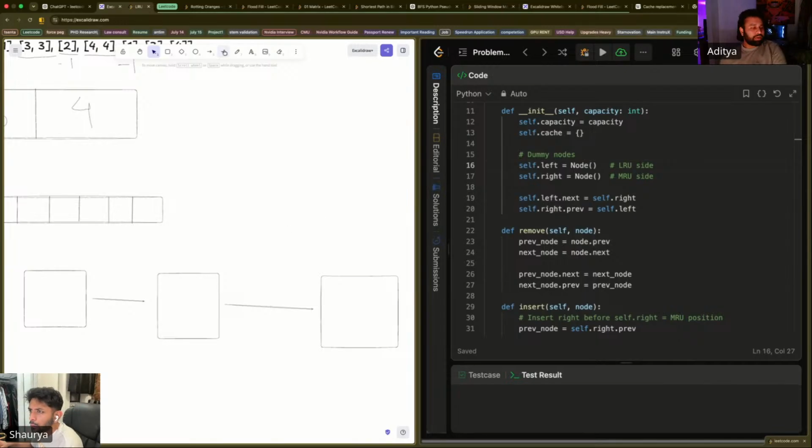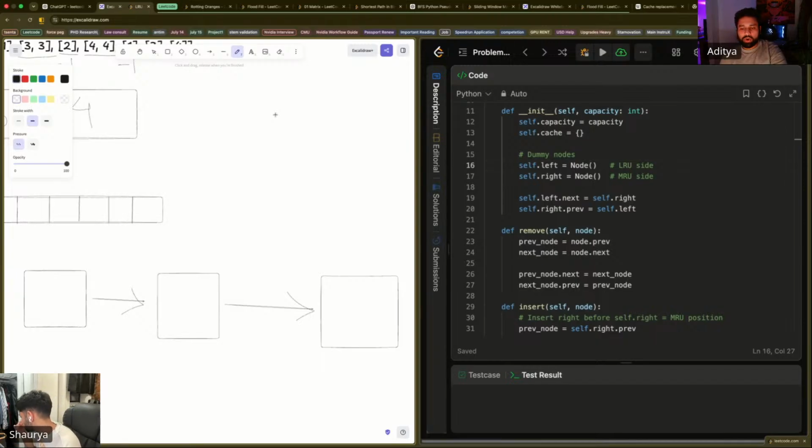So right now this is our current situation. What this remove method does is it's going to remove this block. So we are right now pointing our node.next to the previous node.